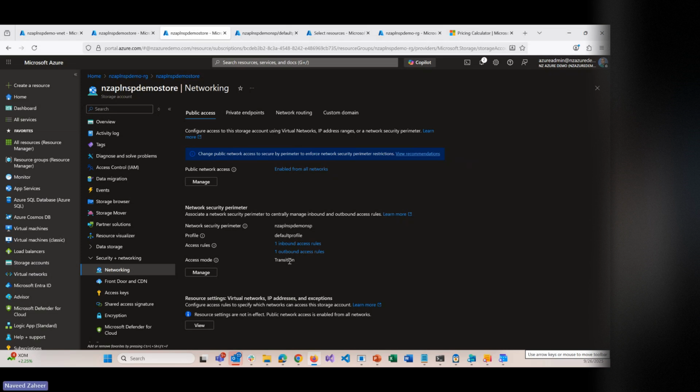So now the NSP will take precedence. That's the main selling point: you don't have to go resource by resource and close it. You put it inside an NSP, that's it.